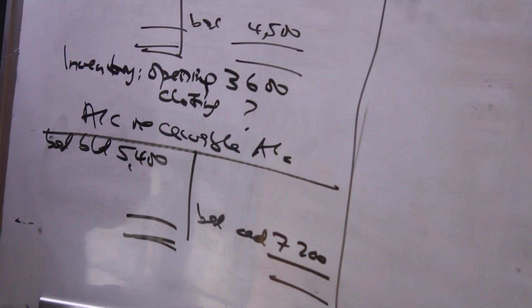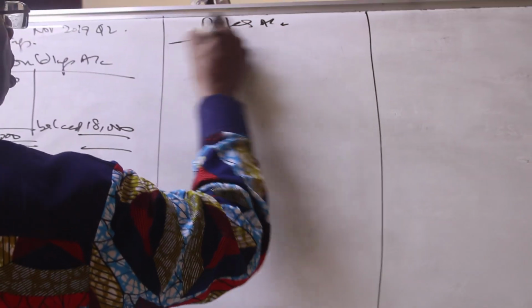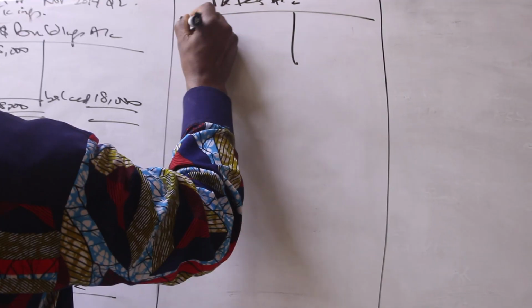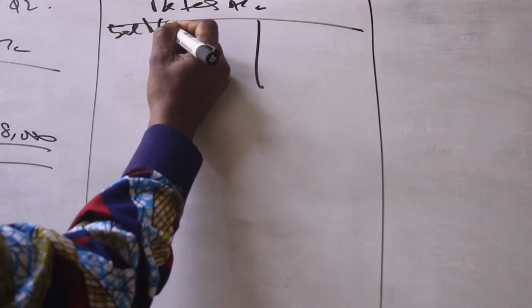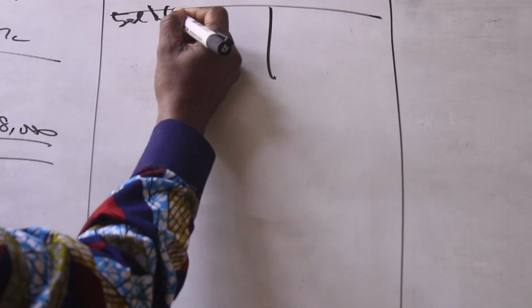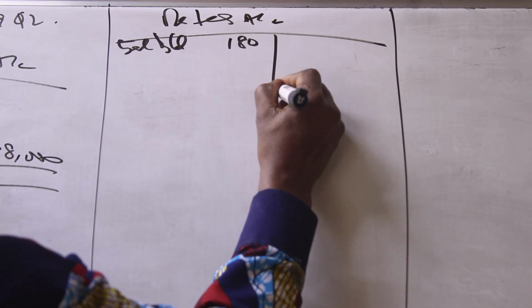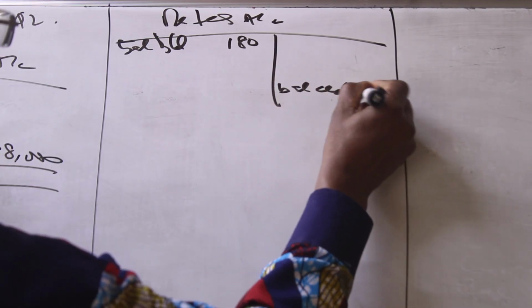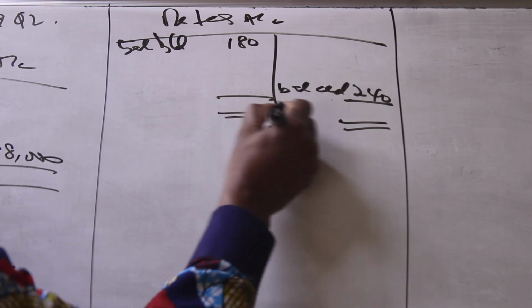We have rates. Prepaid rates. Balance brought down. Prepaid rates. It's an asset. 180 to 240. Balance carried down is 240.